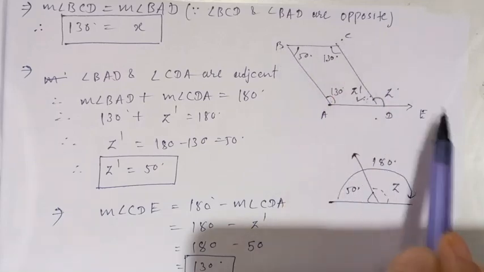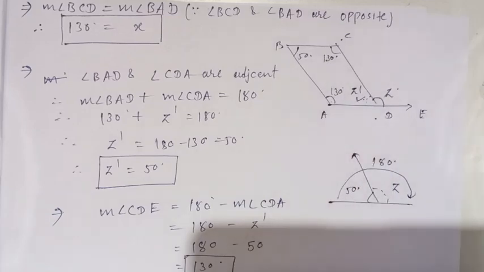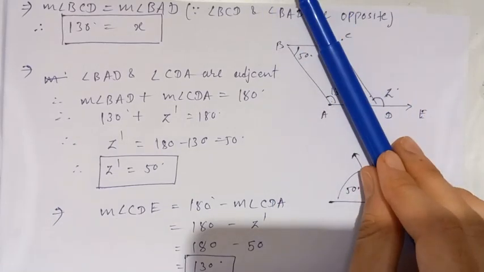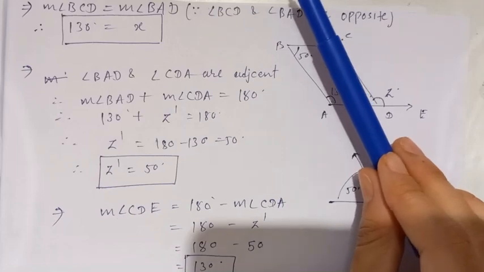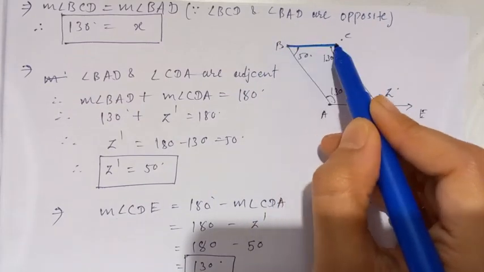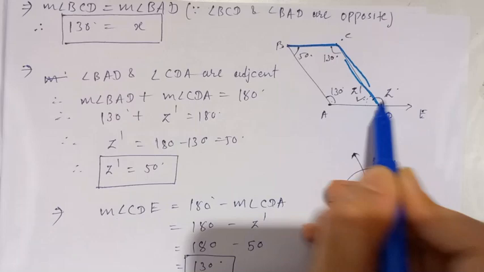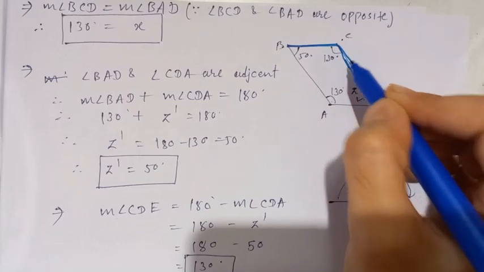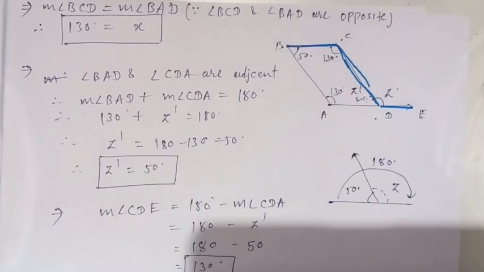Because these are two parallel lines and one line is crossing these two parallel lines, and we have found Z, we can directly write that inner corners are equal. Sorry for this mess. This and this, these two are inner corners. So this was the second parallelogram. Okay, let's move on to the third one.